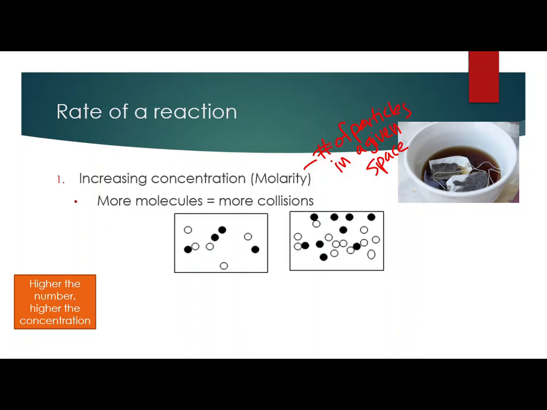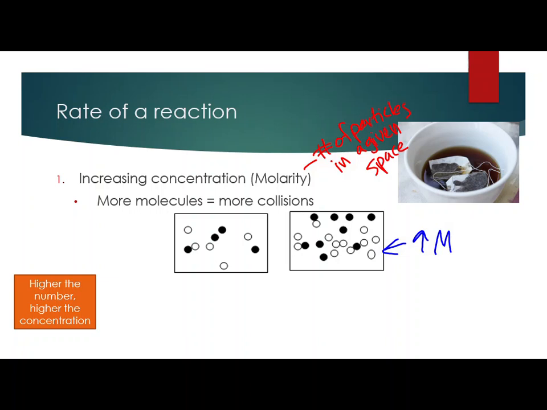So if you're looking at this diagram up here, obviously the one on the right has more particles in the given space, so this one would have a higher molarity. Okay? And when you have more particles, you can collide more. Now, like you said in the video, there's two ways to do it. You can increase the number of particles, or you can decrease the space.